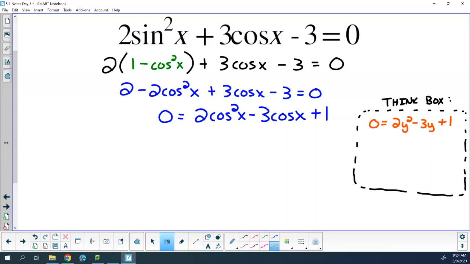Can't divide, gotta factor. Right? So way over here, what does this factor to be? Two y and y? 1 and 1? Does that work out? Yeah. Same thing happens over here.